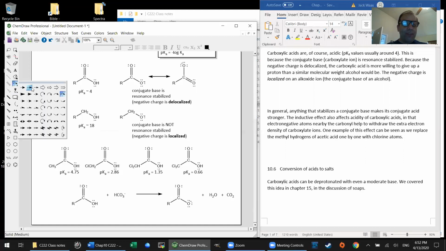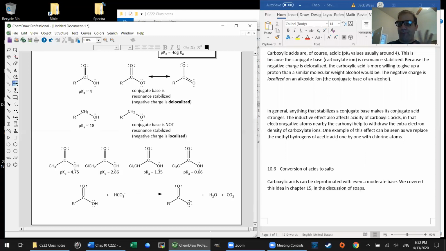And so typical carboxylic acids have pKa values around 4. Anyway, between 2 and 5 is pretty typical for those. And the reason for that is that the conjugate base of the carboxylic acid, this carboxylate ion, is also resonance stabilized. And you've got to remember what that means. It's not an equilibrium.